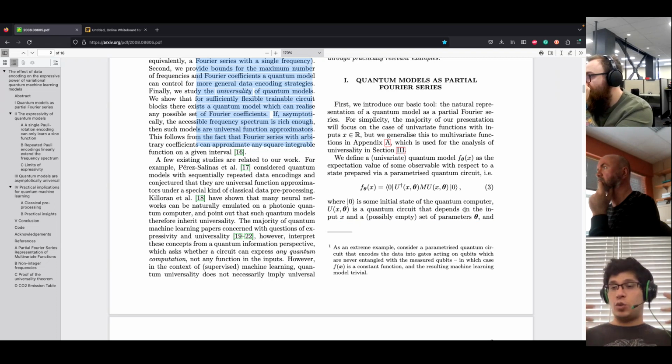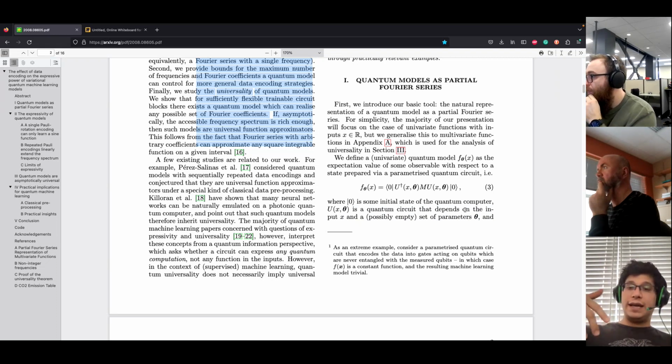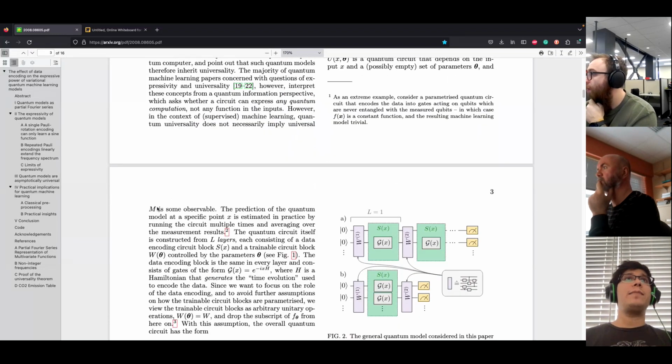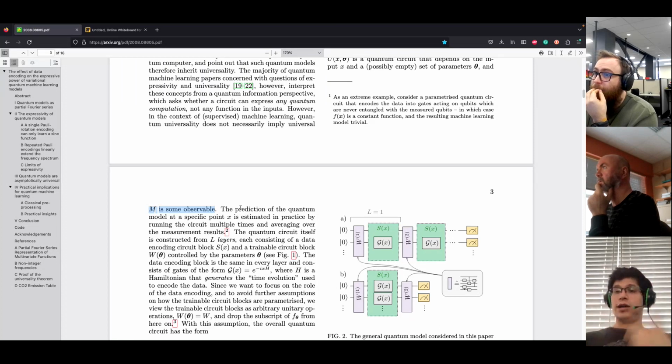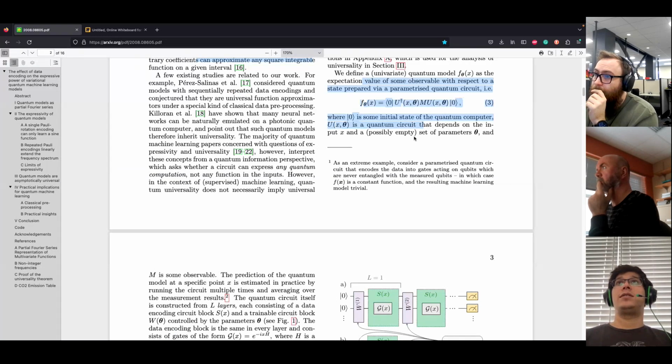So this is a parameterized quantum circuit in which we put data and trainable parameters. Then M is some observable. Again, because there are quantum computers in which you can measure other observables, or you can rotate the qubit to measure along a different axis. And so that's this part.